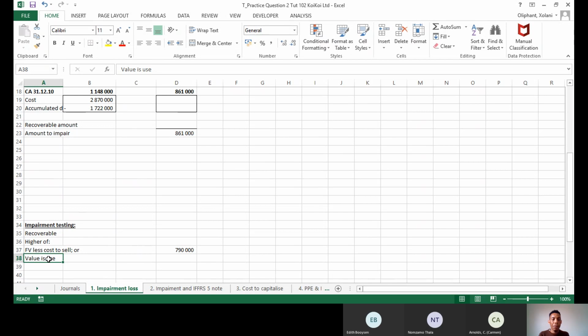Now we have an issue here that we don't have the value in use, so we'll need to determine the value in use. Our value in use has been given: the expected future net cash inflows to be derived from the use of the patent was estimated to be 320 for the year ended 31st of December 2012. Fine. Now you're going to use this up until 2014.